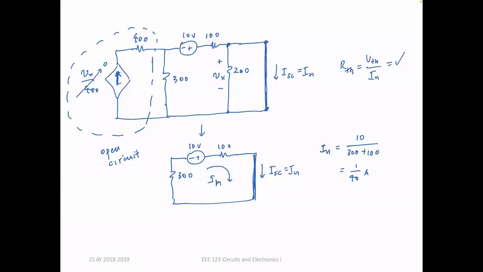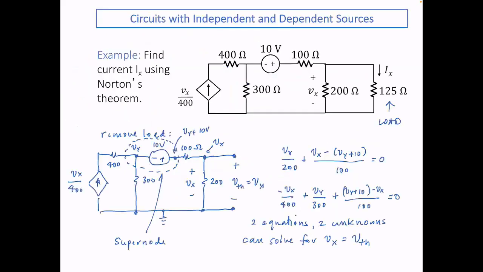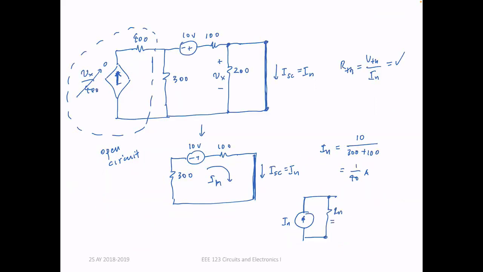So the next step, you now have your Norton equivalent, I sub n, and then you also have R sub n, which we computed for here. This is equal to Rth is also equal to R sub n, no.